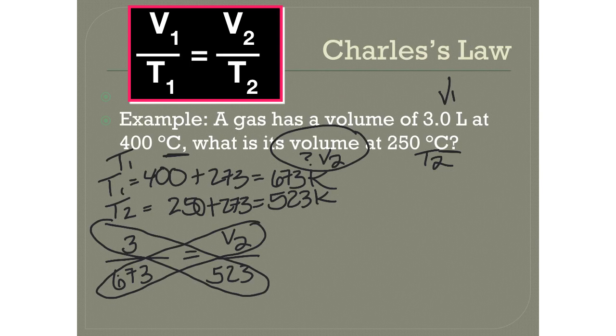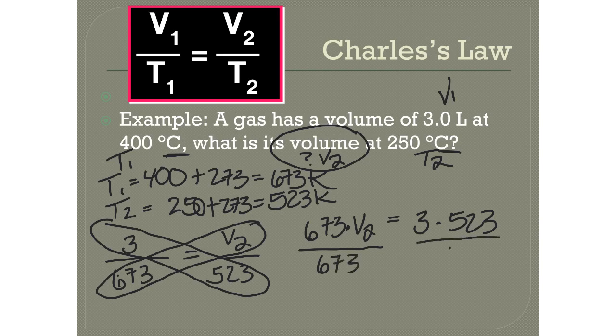So I'm going to show you how this looks mathematically. I'm just going to take 673 V2 equals 3 times 523. Now I can go ahead and solve for X, which in this case is V2. So to do that, I'm going to divide both sides by 673. 673 cancels with 673.